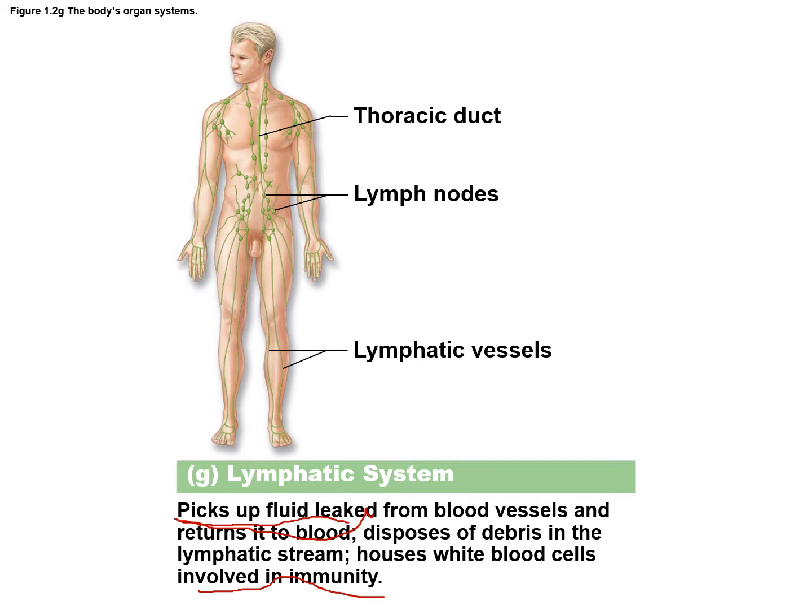You can see these lymph nodes, which are about 600 of them, and some of these lymph nodes have millions, if not billions, of white blood cells, and they will swell or get bigger when you have an infection.